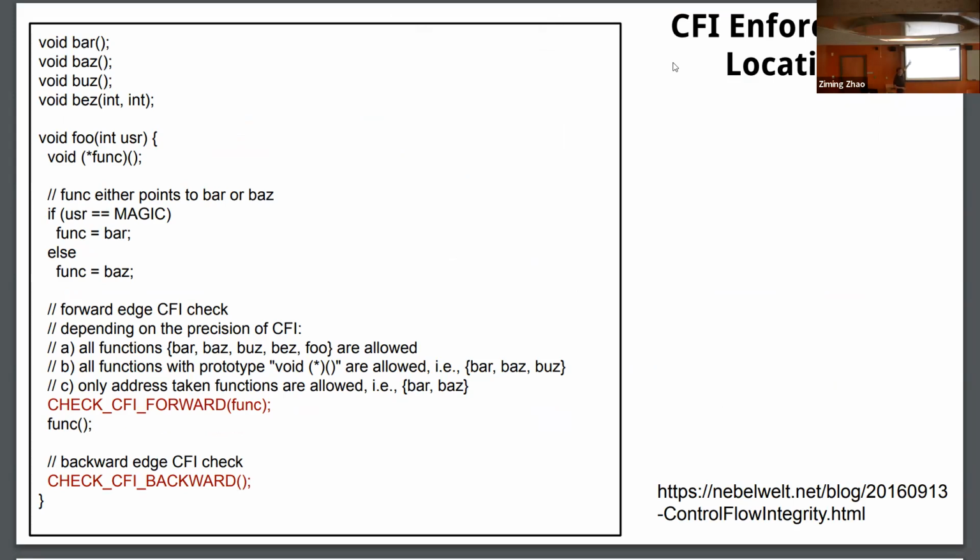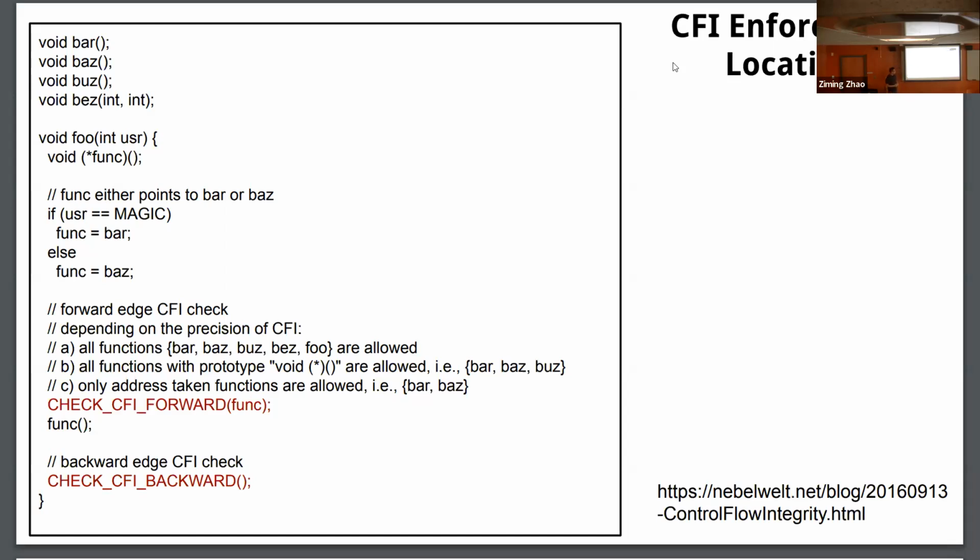And there is an input from the user. If the user is magic, we set the function pointer to the bar function. Otherwise, we set it to the bad function. Then we make a function call here.